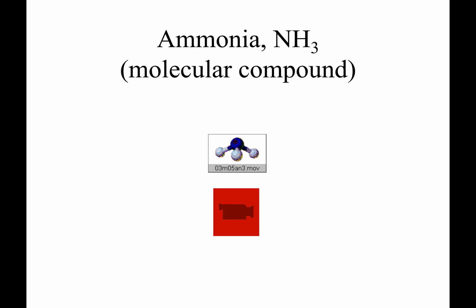Similarly, I can't animate this one. Ammonia is the formula NH3, so the blue thing is the nitrogen and the white things are the hydrogens. There is a reason, which we'll talk about later in the class, why those 3 hydrogens look like legs, deflected away from the center.